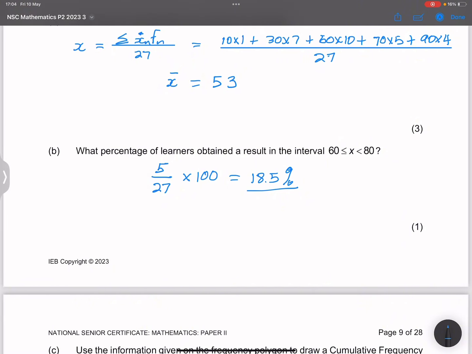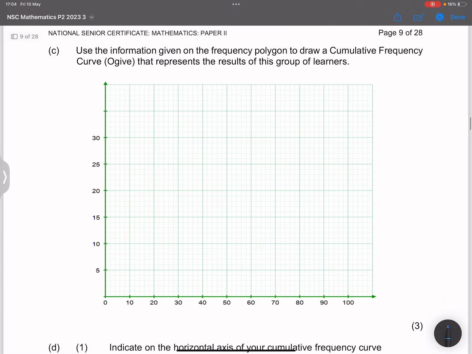Now they say use the information in the frequency polygon to draw the cumulative frequency curve, or the ogive, whatever you want to call it, that represents the results of this group of learners. All right, let's do that.